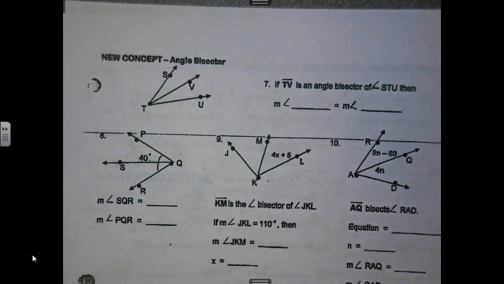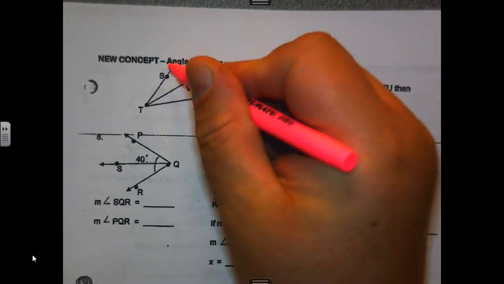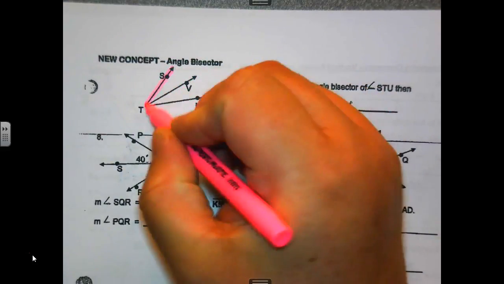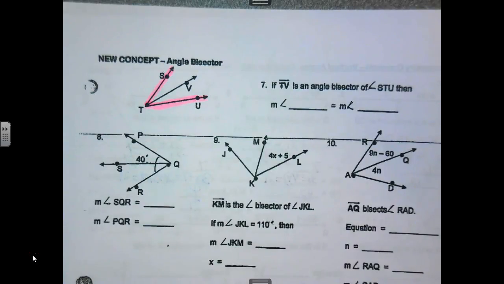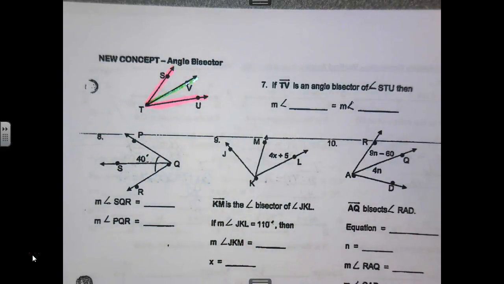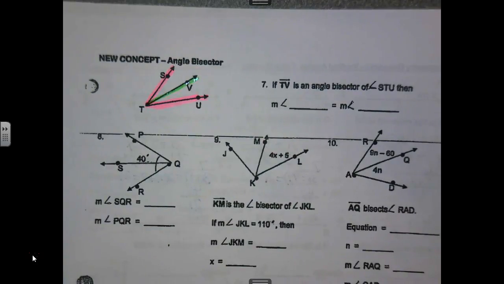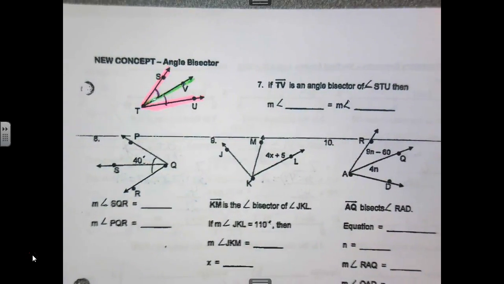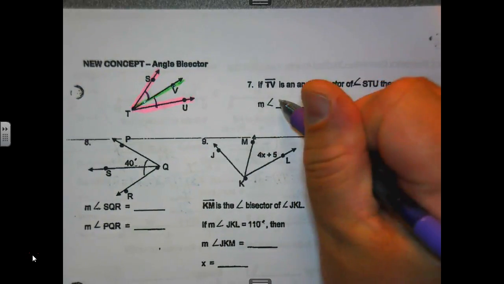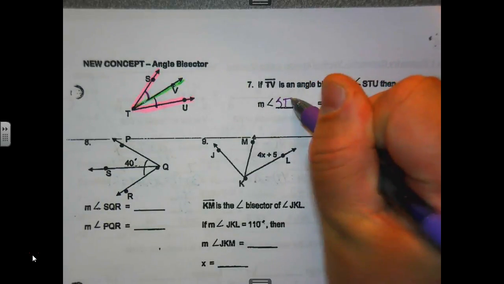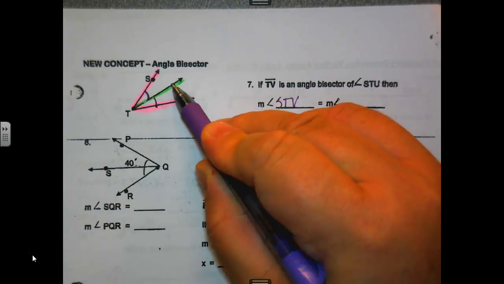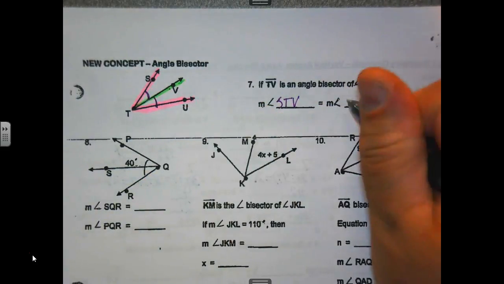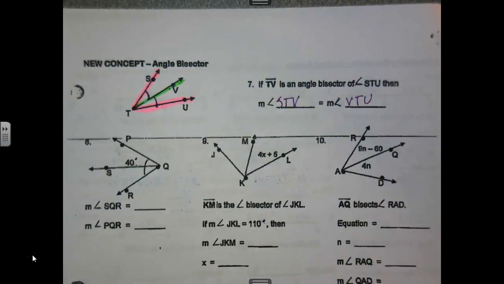Yeah, if I have a big angle here, angle STU, and I have a ray TV, and it bisects angle STU, it makes these two angles, the smaller angles, congruent or equal. So their measurements, STV, the small one, and VTU, are going to be equal.